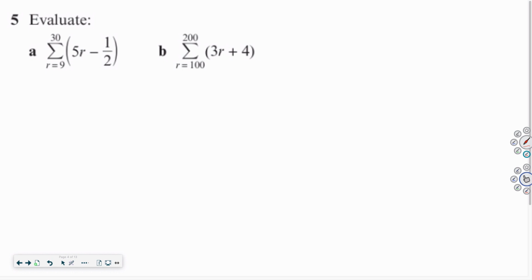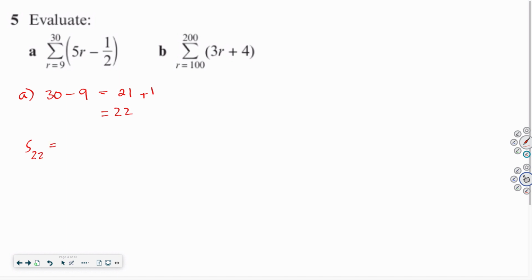What we want to do is work out how many terms we're actually adding together. So to do that, for part A, we can say 30 minus 9, which is 21. And then we need to add 1 back on to get 22 terms, so we can count the 9th term here. So we want to do S22.